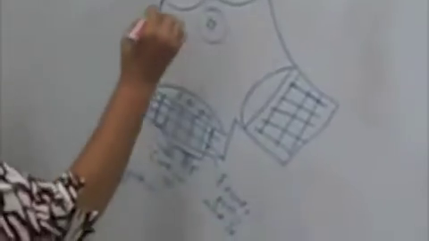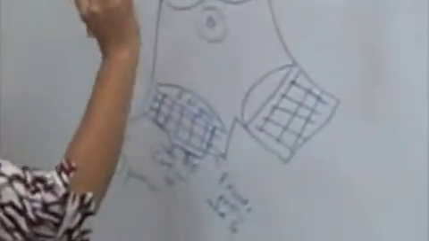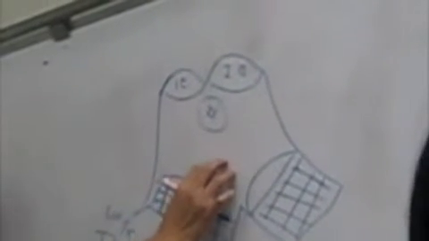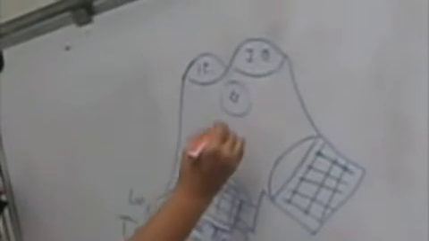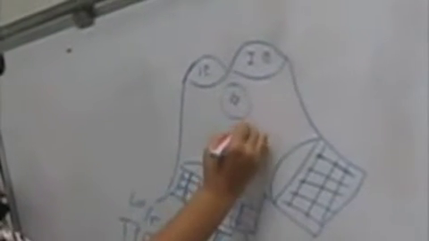The level of the inferior colliculus, so pareho sila itsura, so inferior colliculus ito. But how do I know it is the inferior colliculus? You look at the tegmentum. Supposedly, you know that at the inferior colliculus, the trochlear nerve should be here. Okay?